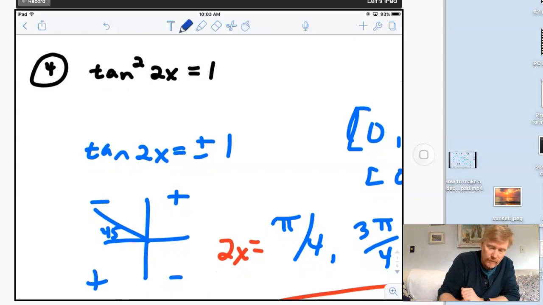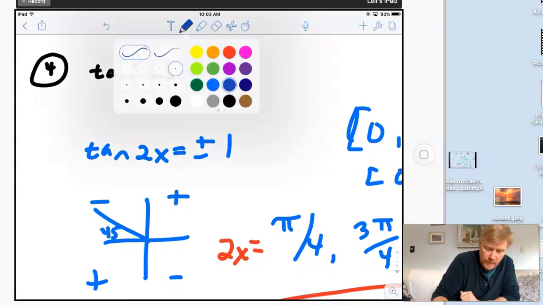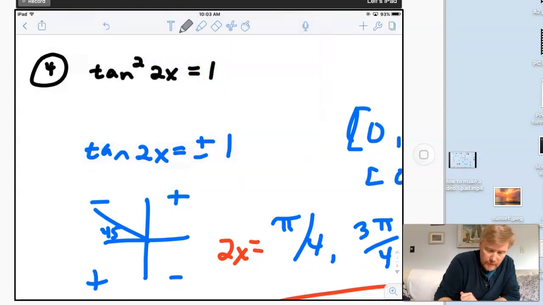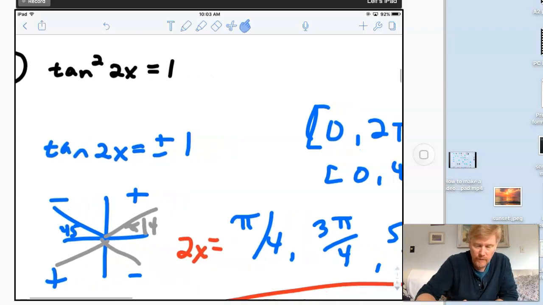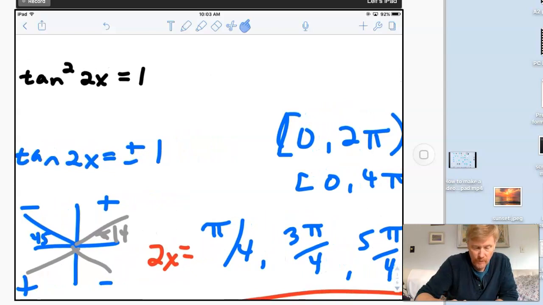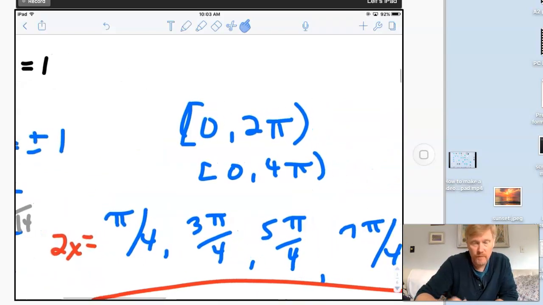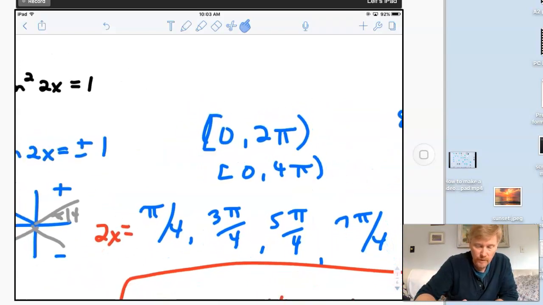All right, so I'm going to have reference angles all over the place here. I'm going to have this one, that one, that one, and all of these are going to be pi over 4. So if I do all 4 of those out, I get pi over 4, 3 pi over 4, 5 pi over 4, and 7 pi over 4.